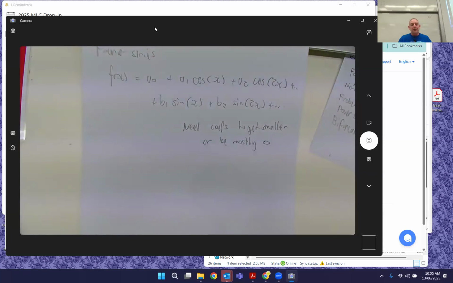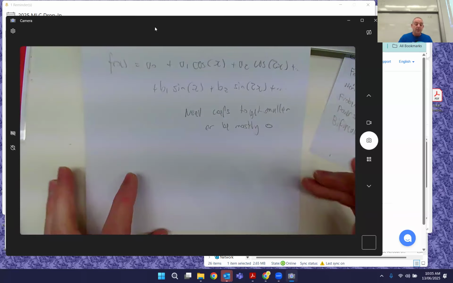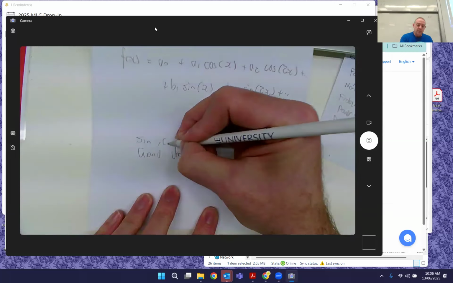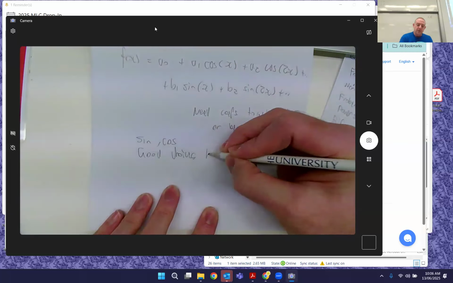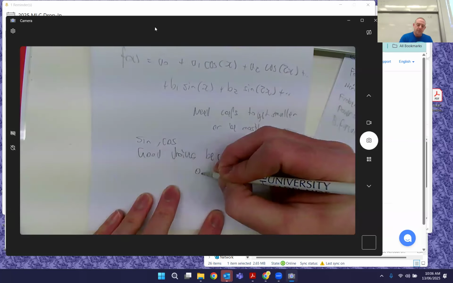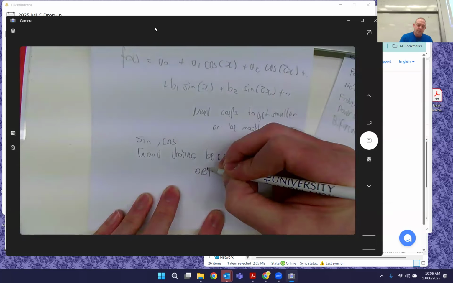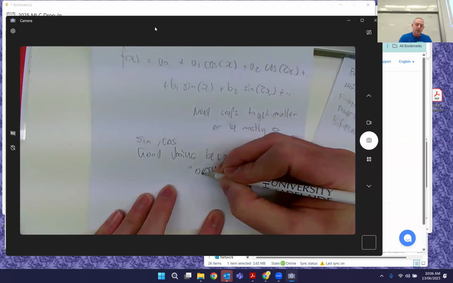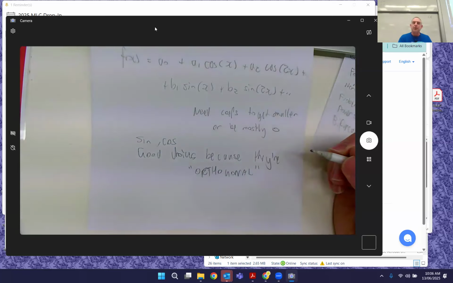Okay, so that's that, and we're going to get to that. And this is a good choice. I'm going to write that down. A good choice, like sine and cos, are good choices because they're orthogonal in a new fancy meaning of orthogonal that you haven't been using up until now.